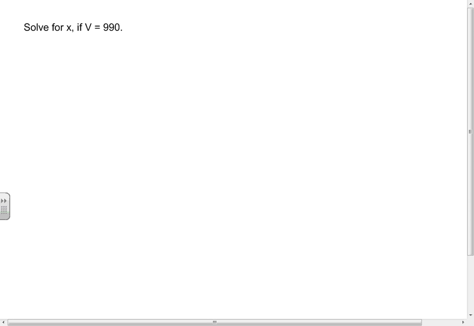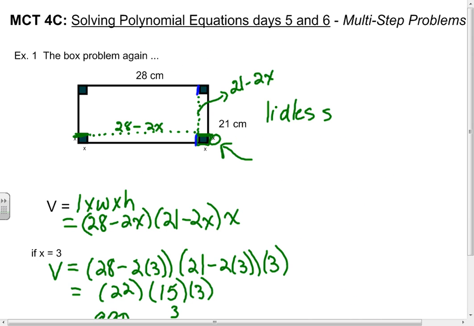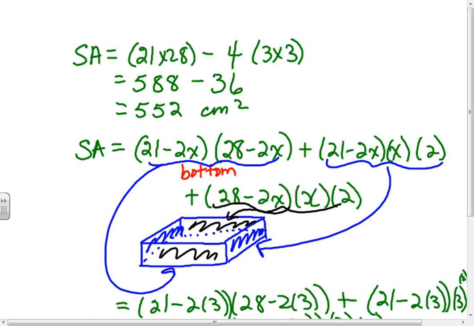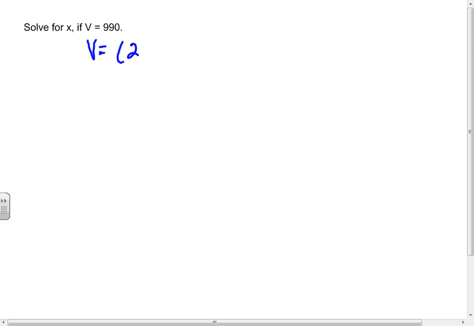Thinking back for the volume again, we're going to find x if the volume is 990. So we had our volume formula. I'm just going to rewrite it again. Volume in terms of x is (28 minus 2x)(21 minus 2x) times x.